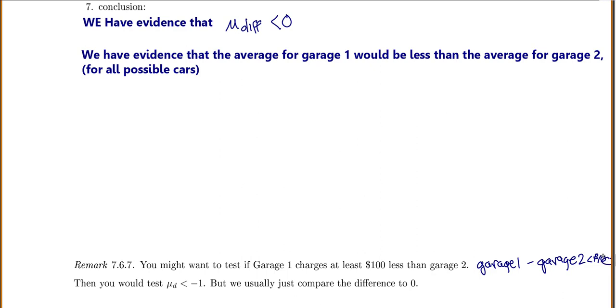Now, since our numbers were given in hundreds of dollars, we would just change that to -1. Oh, let's see, less than -100. Since garage 1 is less. So we could test the mean of the differences as less than -1. But again, usually we'll just compare the difference to 0.